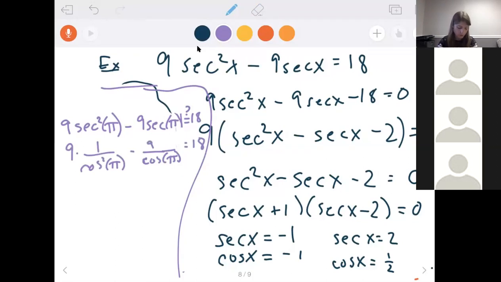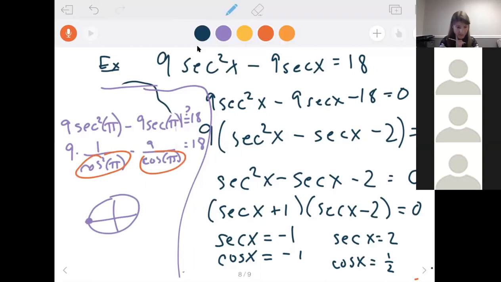Because when we're thinking about the cosine of pi, the cosine of pi is going to be -1. And -1, I don't really have any problems plugging that in. So let's do it.